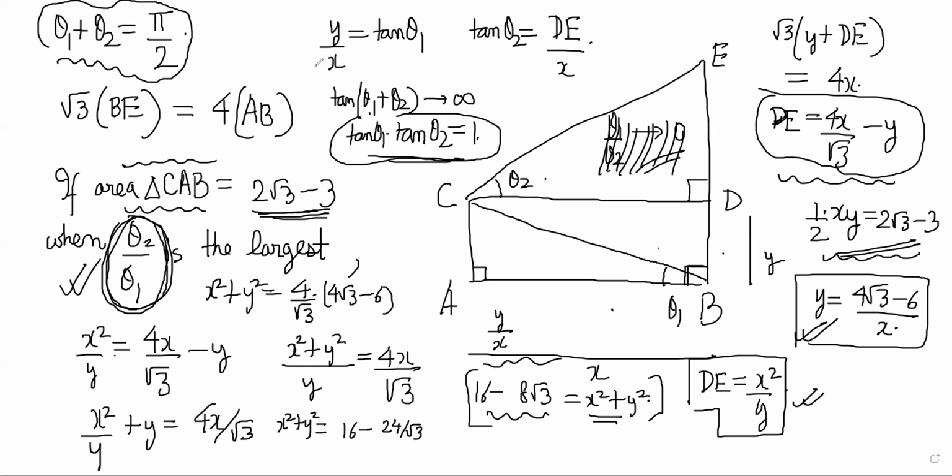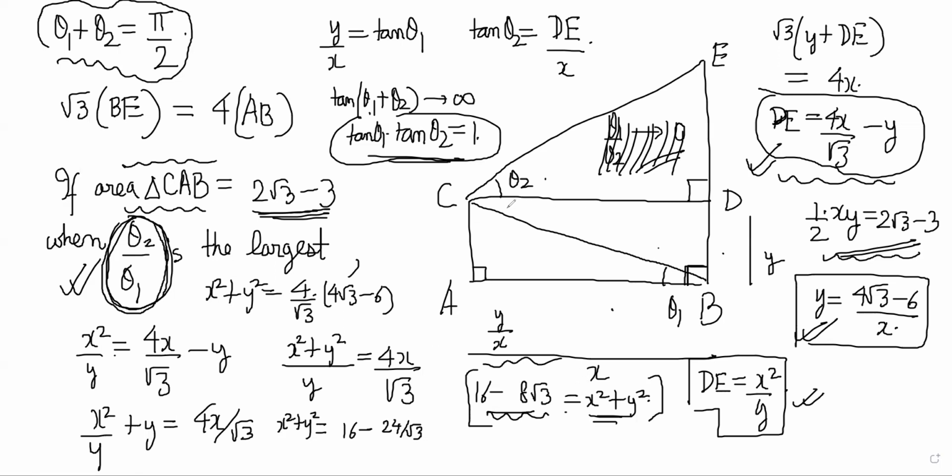Root 3 BE is equal to 4AB. All the conditions we have written. We know x square plus, we can find the value of x and y. That is not a problem. We just need to decide how to write this.